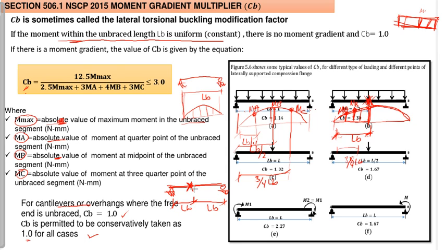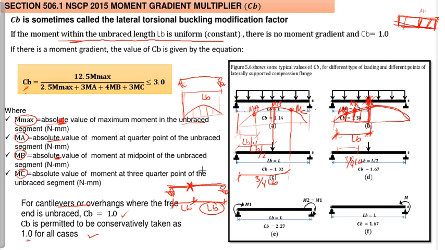So, always get the longer LB. Kukunin mo yung longer LB since this is more critical doon sa ating bending. So, ito yung kukunin mong LB.